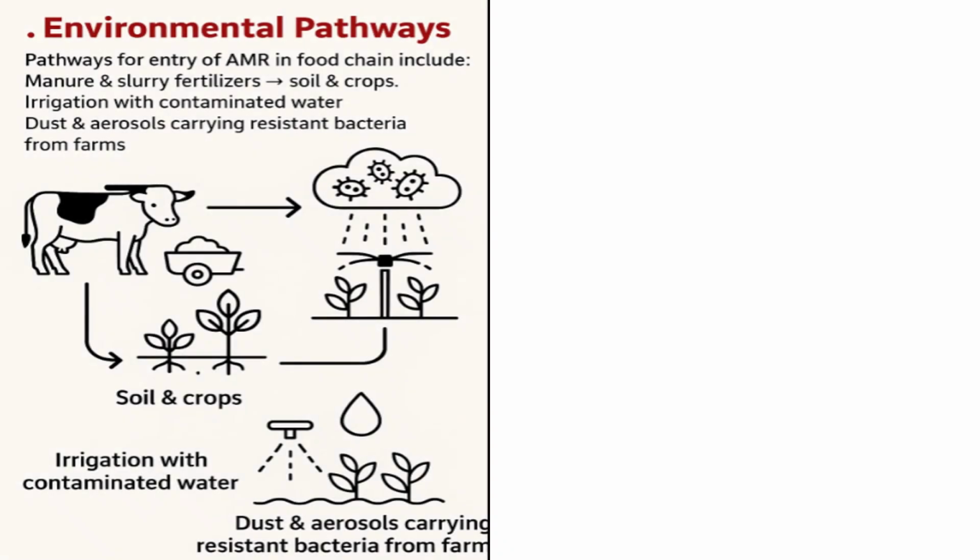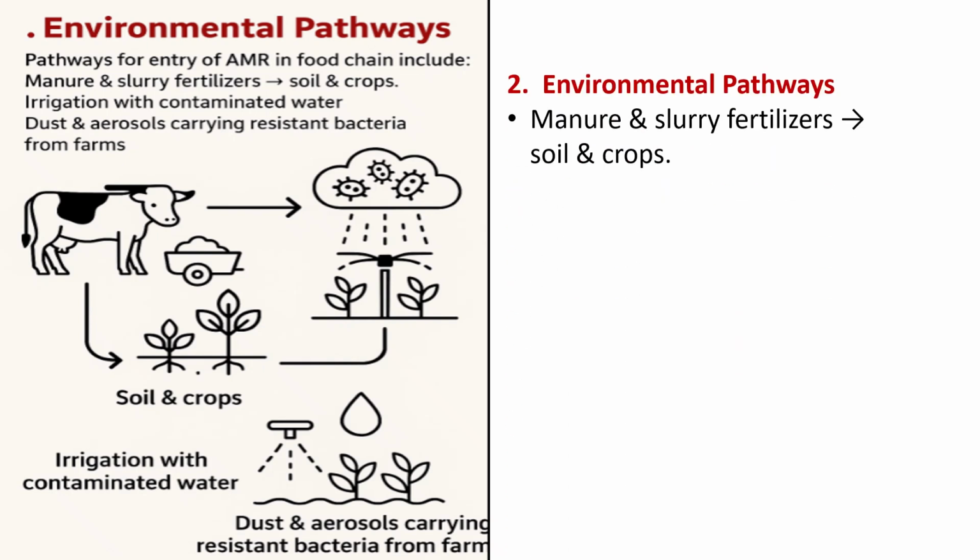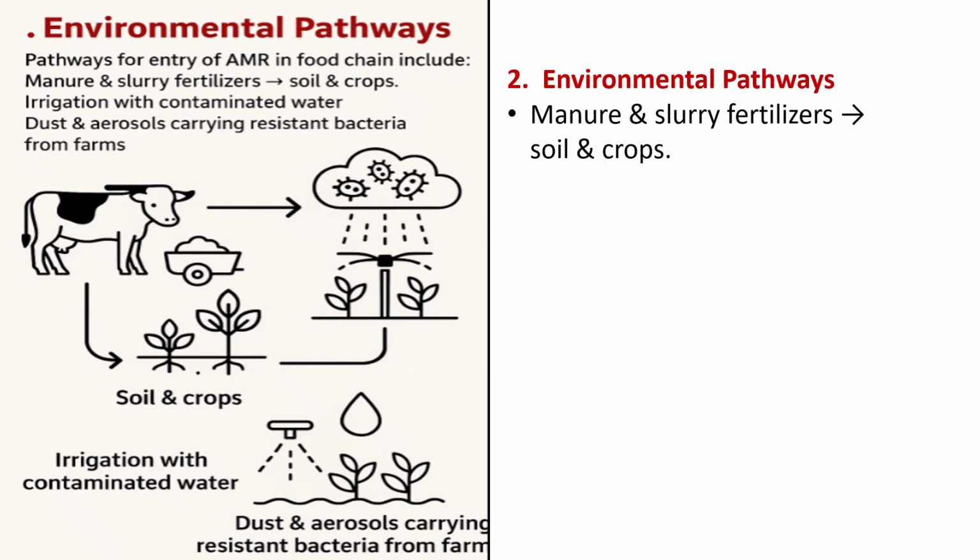Let us understand the environmental pathways for the spread of AMR. We use manure and slurry fertilizers for our soils and crops. This can easily introduce AMR and resistant bacteria into our food chains. Another factor is when we use contaminated water for irrigation.